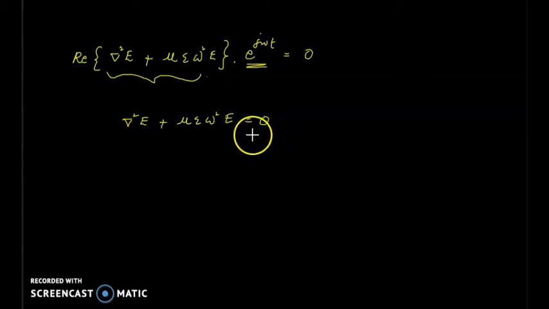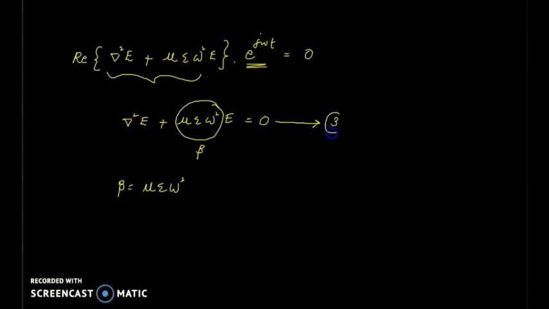Now we are going to substitute mu epsilon omega square equal to beta square. A new function we are introducing: beta square equal to mu epsilon omega square. Let us take this as equation number 3. By substituting beta square in 3, it becomes del square E plus beta square E equal to 0.